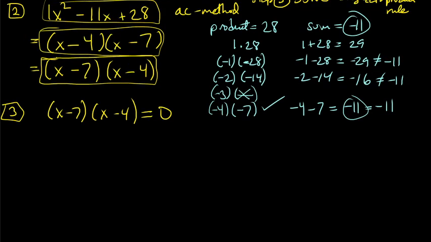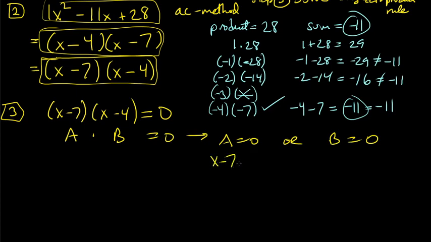And we solved one just like this earlier. We're going to think about this as a times b equals 0, which means either a is 0 or b is 0. In this case, a is just x minus 7, and b is x minus 4, or vice versa.